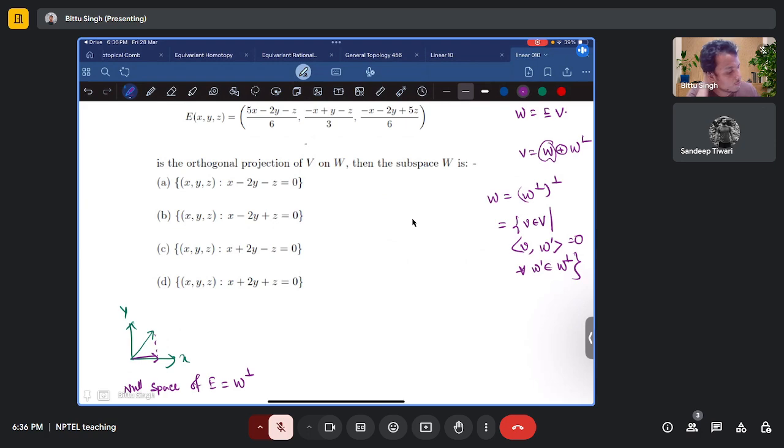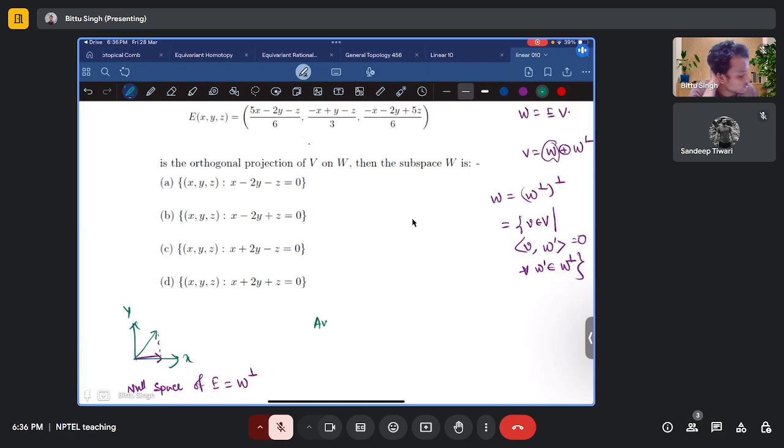Okay. So let us first find W perp. So W perp can be given by this formula, right? So our answer, W perp, can be written as I minus E of V, such that V belongs to V. We have already seen. Now what is I minus E? I means identity operator. So in our case, what is I minus E of XYZ?